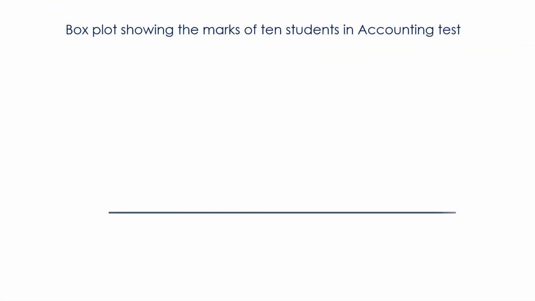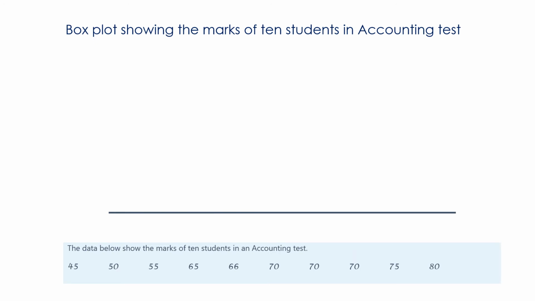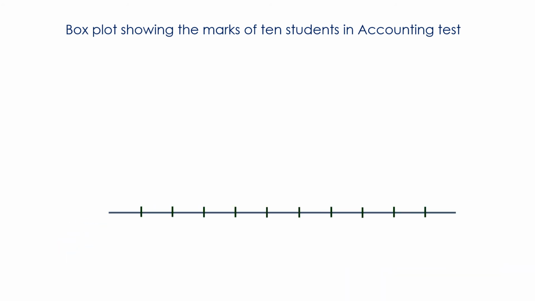Now we look at how to sketch a box plot. First, we have to identify the smallest value and the largest value. Based on this example, the smallest value is 45 and the largest value is 80. This is important in order to estimate the scale. Then we have to find the lower quartile and upper quartile.